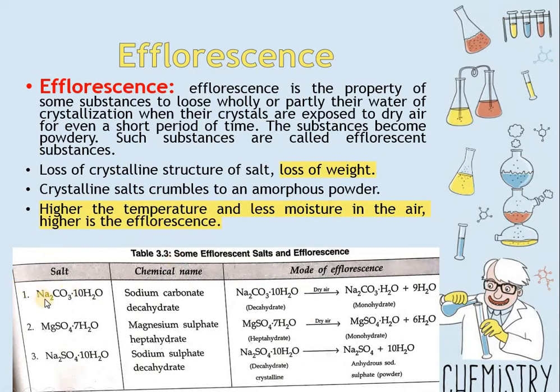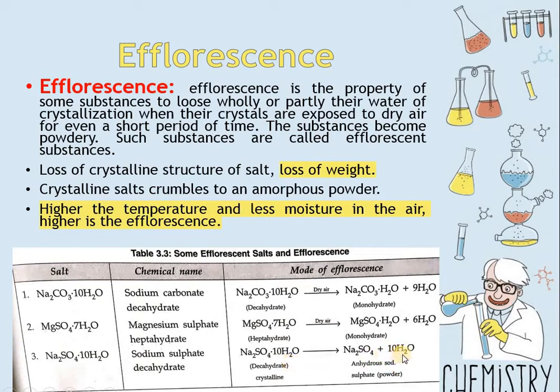So the examples: the first example is washing soda. When washing soda is exposed to dry air, it gives sodium carbonate monohydrate plus 9 molecules of water. Then Glauber's salt, this is sodium sulfate decahydrate. When this is exposed, it will give powdery anhydrous sodium sulfate.